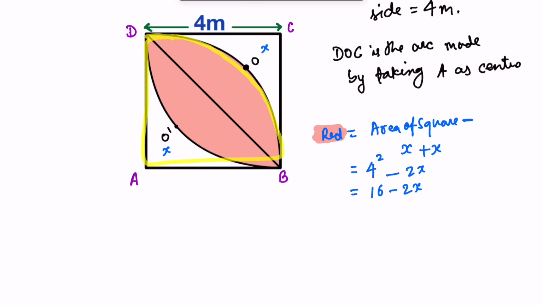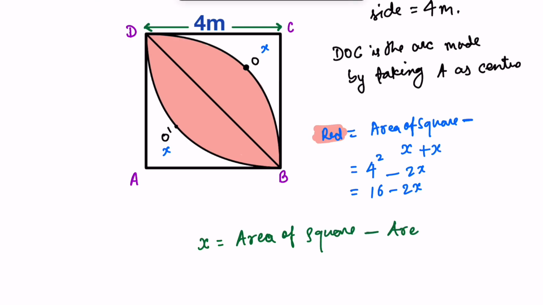This sector is 1/4 of the area of the complete circle. We'll subtract this sector from this square, we will get x. So here we will write x equal to area of square minus area of sector.